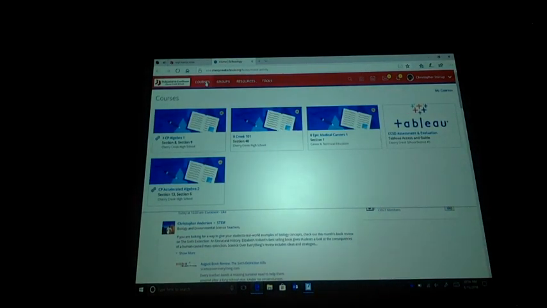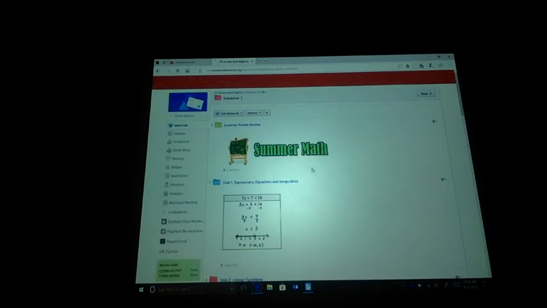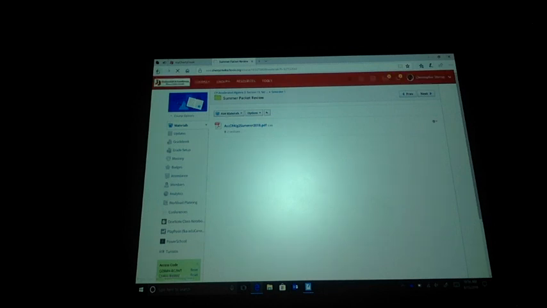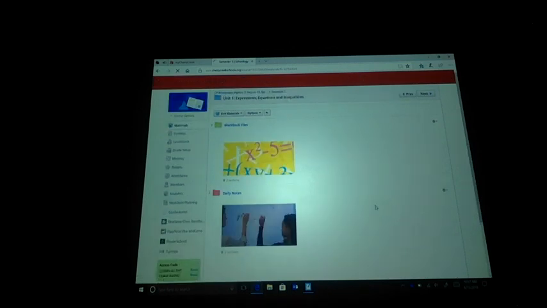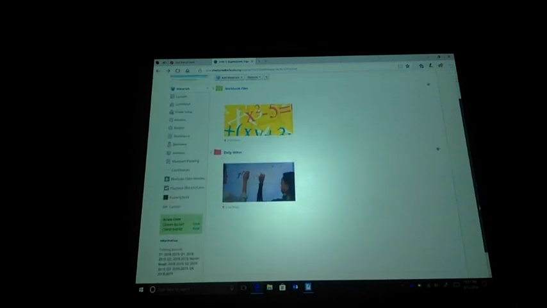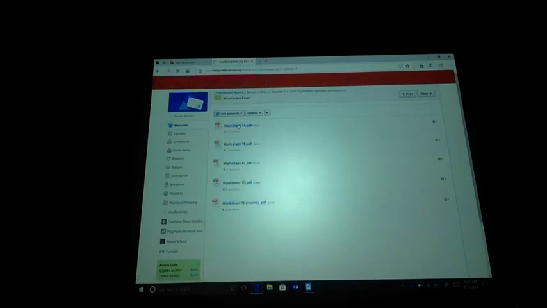So once you go into courses on Schoology, and I know this is probably a repeat for most people, but just in case, go find your accelerated algebra 2, and then if you click on semester 1, if you don't have a workbook yet, all right, so page 7 and 8, I believe is that one.